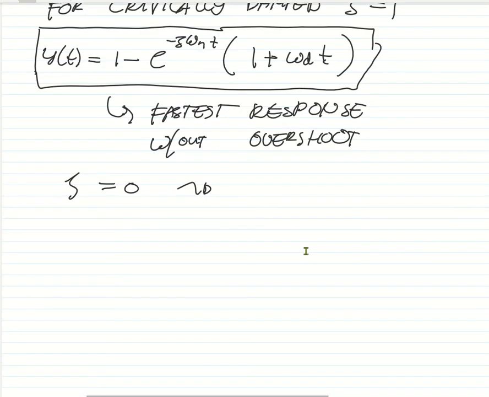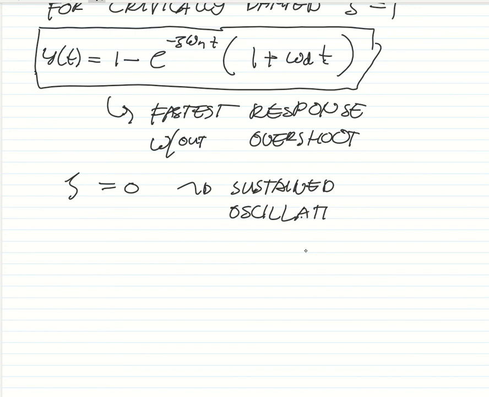This means that the function will not decay, but it will sustain the oscillation. So this will be a sustained oscillation, a sinusoidal. It will never be stable. So this is an unstable system oscillation, because it's just oscillating all throughout.